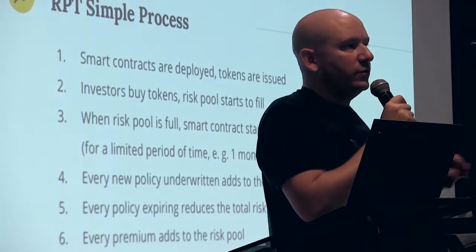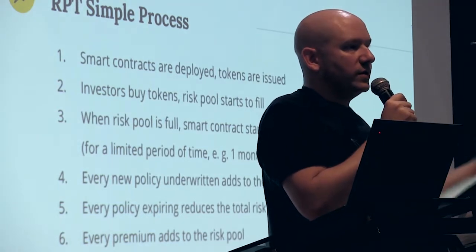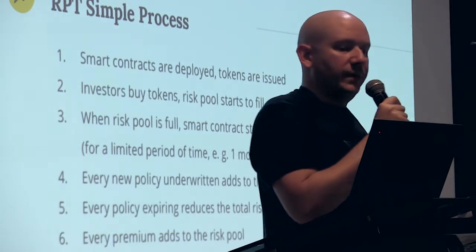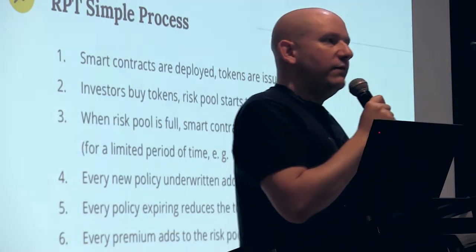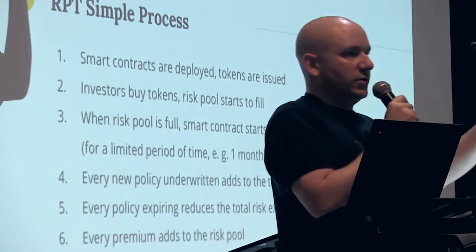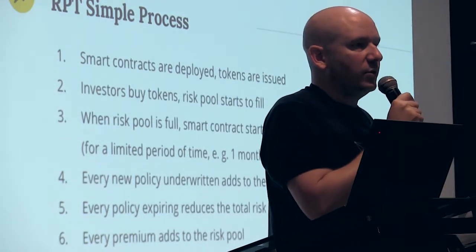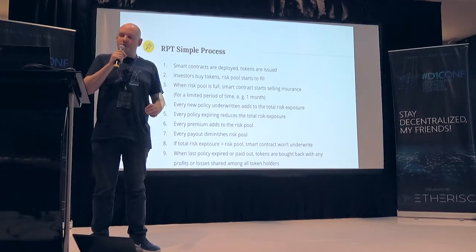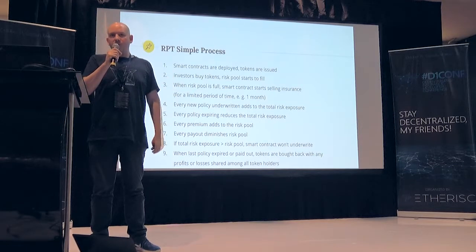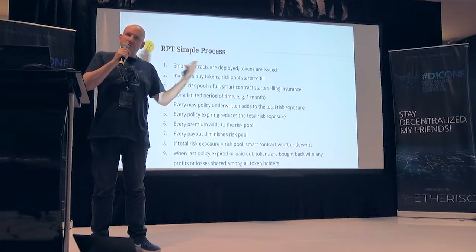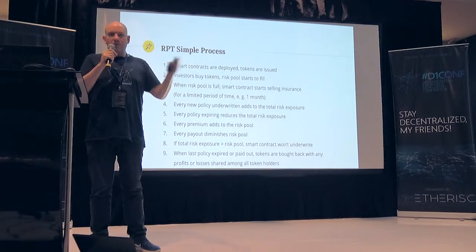And when the risk pool is full enough, the insurance contract starts underwriting policies. Every new policy that is underwritten adds to the total risk exposure. We have seen it in Jake's model very nicely. And every policy expiring reduces the exposure again. And the premiums add to the risk pool and the payouts diminish the risk pool.